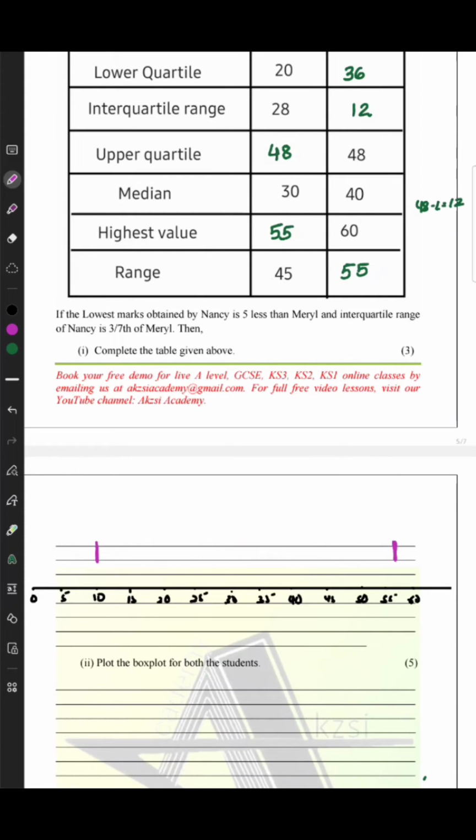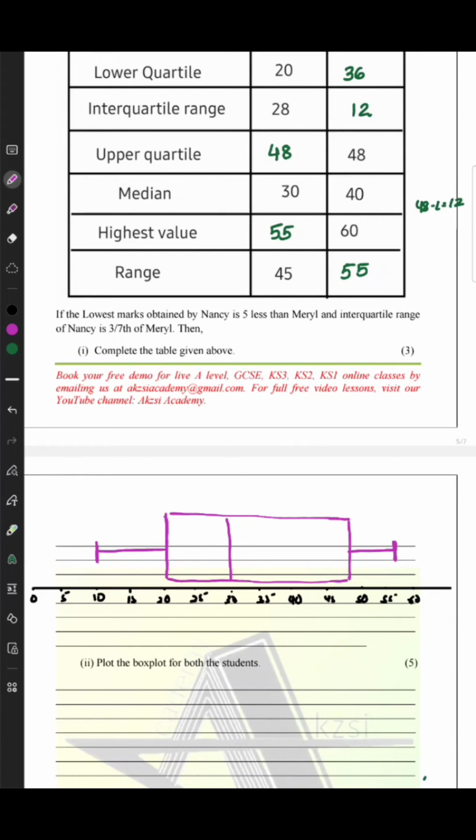Then the lower quartile is 20, so at 20 I'm drawing a bigger line. Then the upper quartile is 48, so 48 would be here, and the median is 30, so it would be here. So now I can just complete this, and this is my box plot.